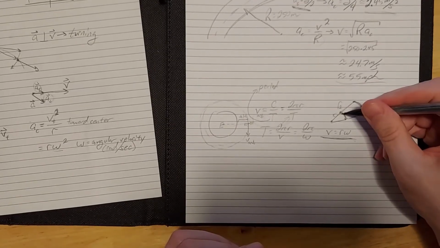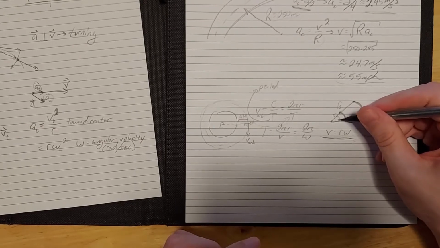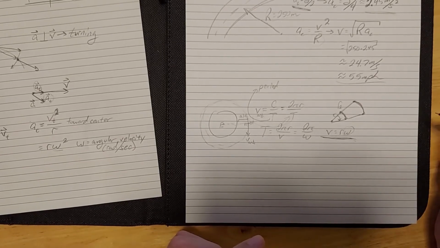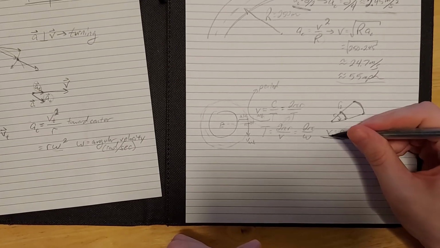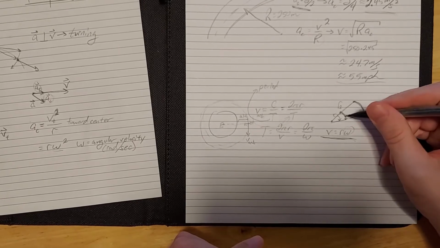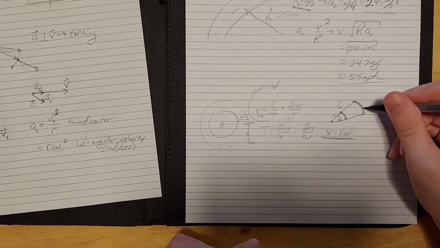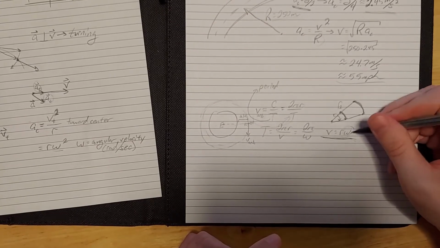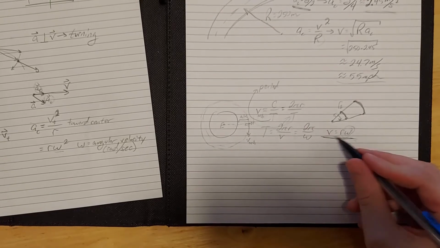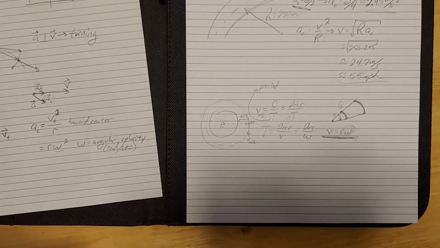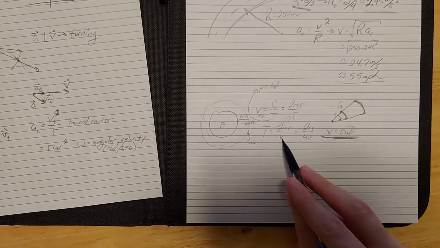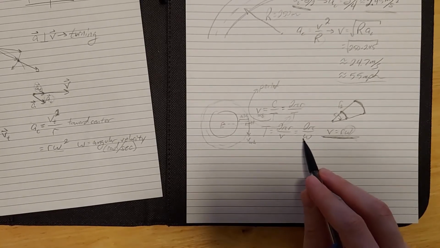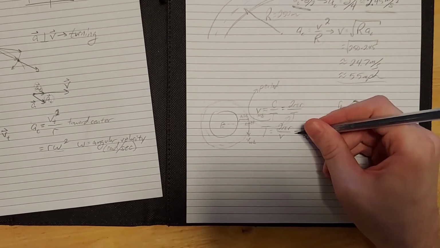If you're at a smaller radius and you take the same amount of time to sweep the same angle, you have the same angular velocity, you have a different radius, you're going to have a different velocity. Out here, you covered a bigger distance in the same time than you did here. So this is going to be a bigger tangential velocity to cover this longer arc in the same time with the same angular velocity. So that's where that equation comes from. And so if we substitute that in here, v is r omega, well, the r here cancels out with the r next to the omega, and you get that period is 2 pi over omega.